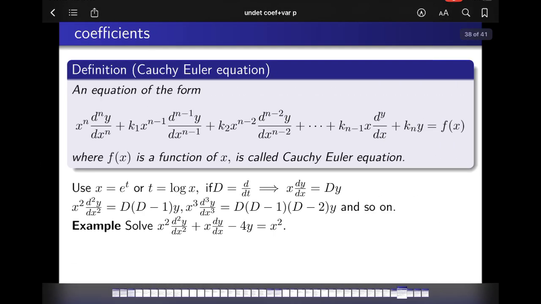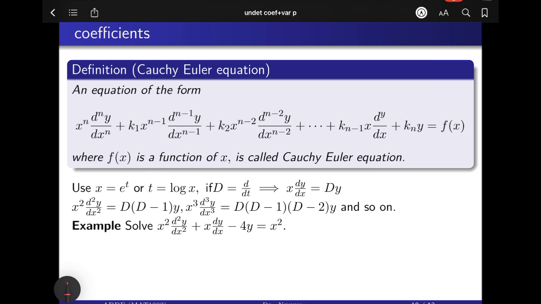suppose I have this type of equation, for example, x^2 d^2y/dx^2 plus x dy/dx minus 4y is equal to x^2. Just observe this: x^2 with the second derivative, x with the first derivative, these are in multiplied form.